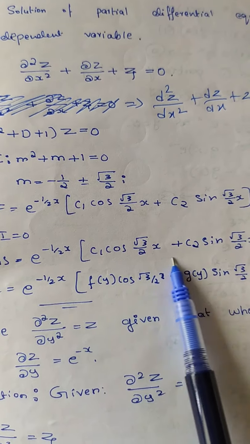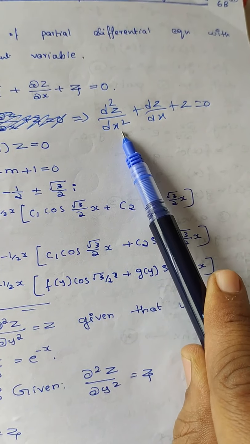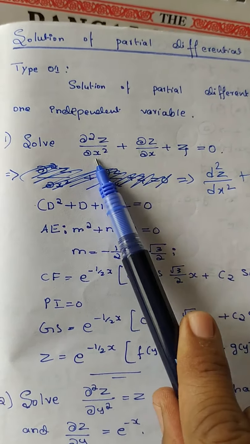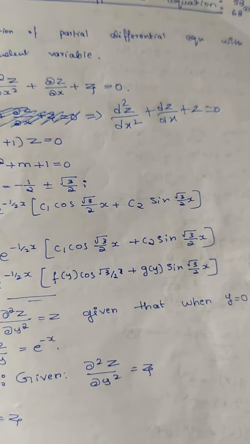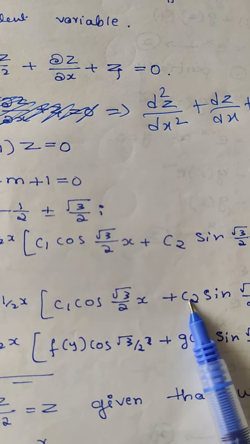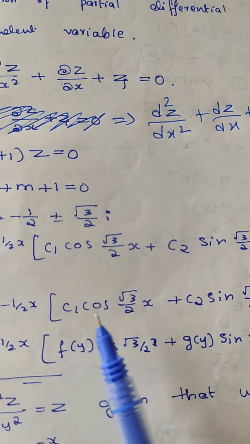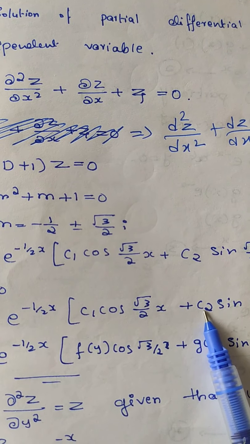But this is the solution of the ordinary differential equation. But you have to write the solution of the partial differential equation. To write it, you have to replace C1 and C2. What are C1 and C2? C1 and C2 are the arbitrary constants.